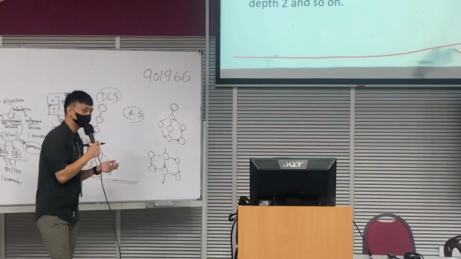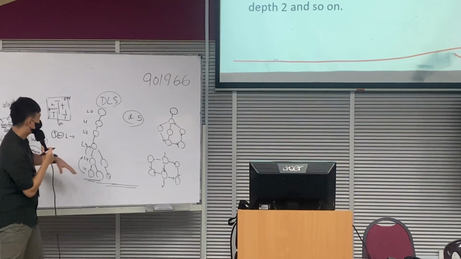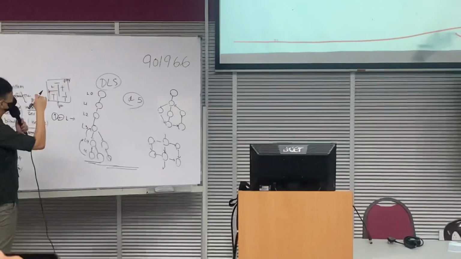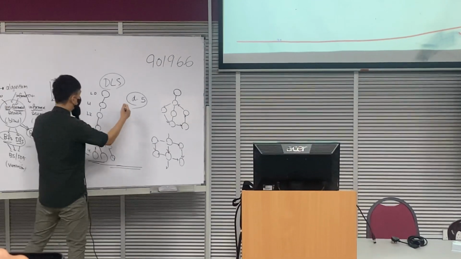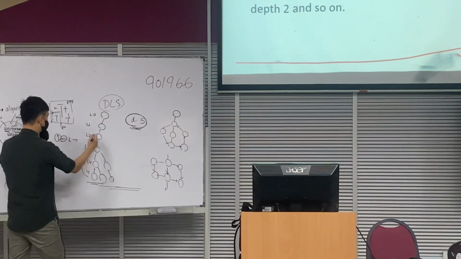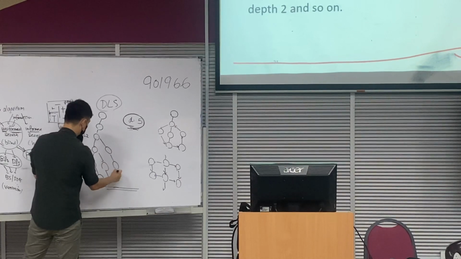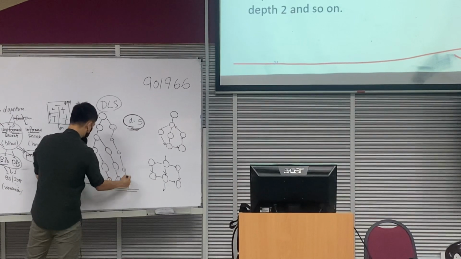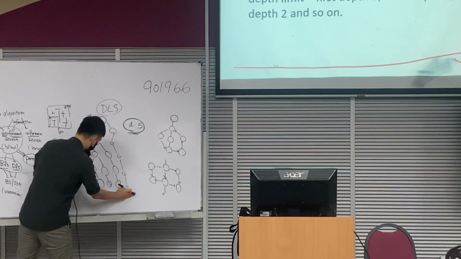So what is iterative deepening depth first search? Coming back to the depth limit search, iterative deepening depth first search is where we set a D as well, for example, D is equal to 5. We search. If there's no solution, we will open up this limit.